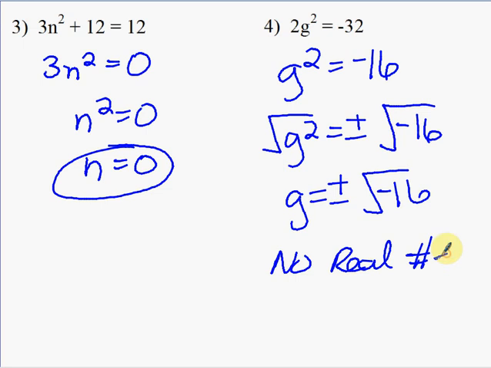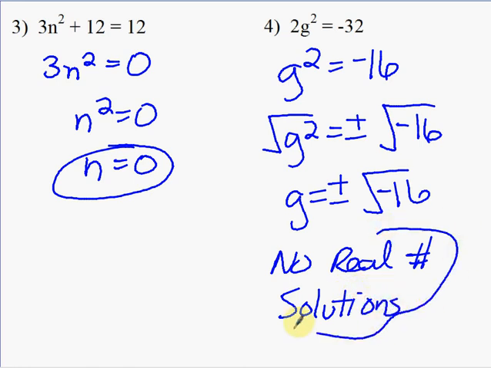The reason we're saying no real number solutions is because there are imaginary solutions. Oh my, yes, there are things called imaginary numbers that exist, and they were created for situations just like this, where you had to take the square root of a negative.